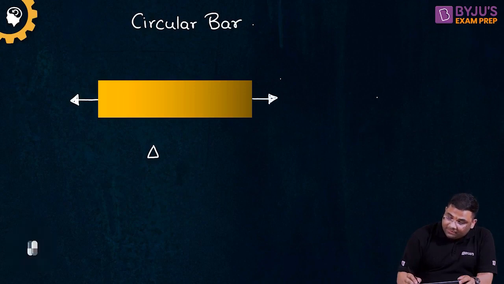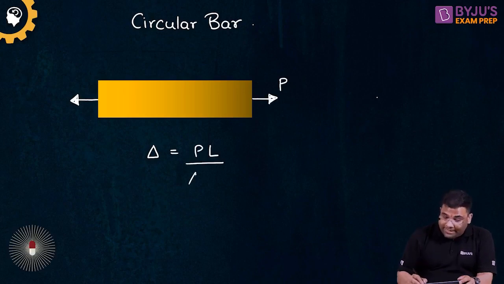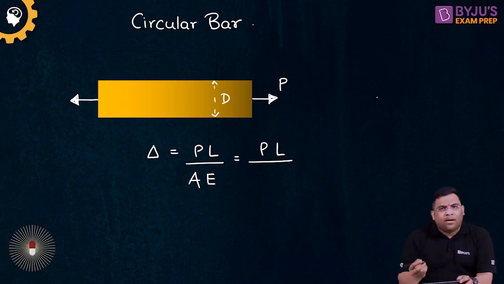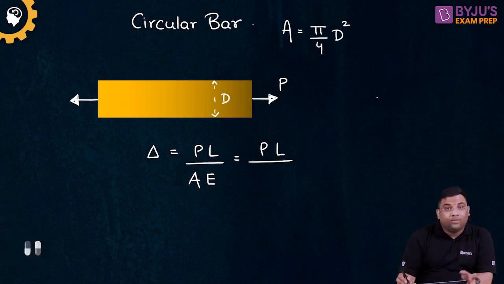Then what will happen? The deformation equation we just saw is PL upon AE. Now you see, this is P, this is L. In place of area, what will I write? The diameter of this circular bar is D, so the area will simply be pi by 4 into D square.